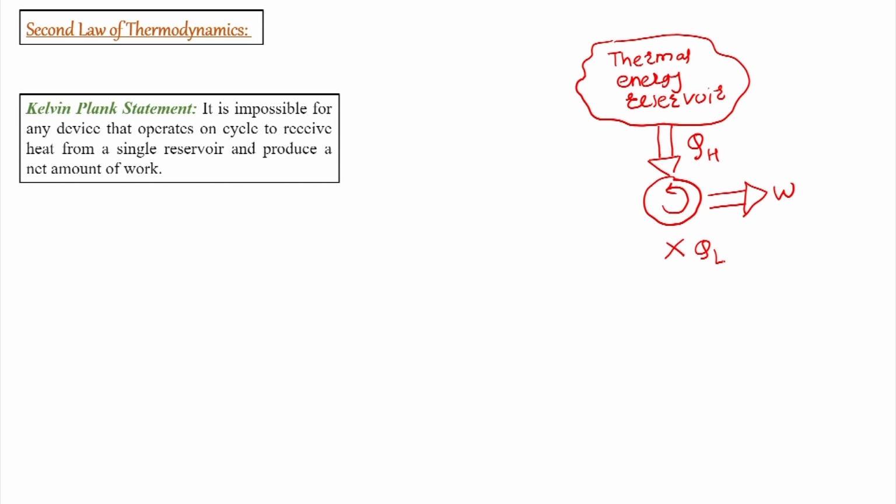So if no heat is rejected, then the Kelvin-Planck statement says that it is impossible to construct such a device which operates in a cycle and interacts with only one reservoir.